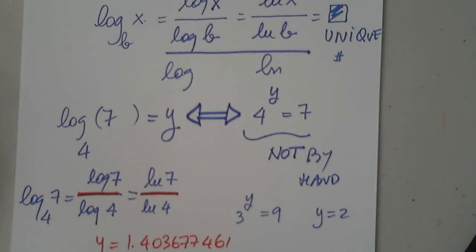Any questions so far? You can say this is redundant, and I will have to agree, because in the calculator's math menu, if you scroll up, you see log base. But you have to know the change of base formula. It's something useful.